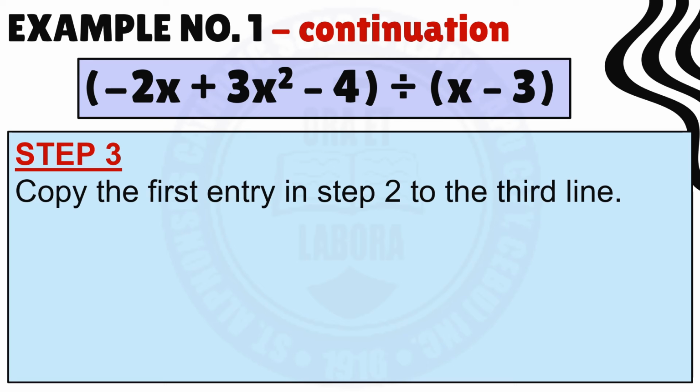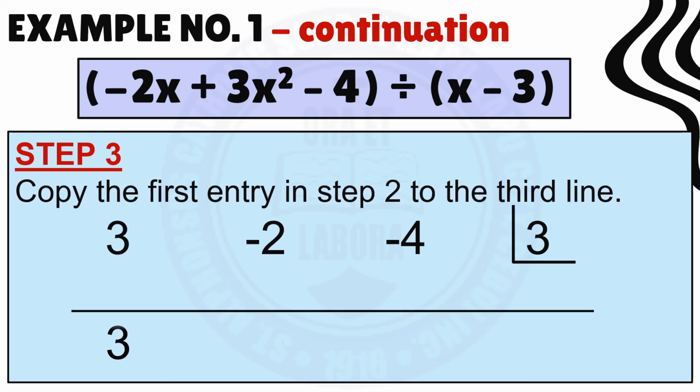Copy the first entry in step 2 to the third line. So we have here, so this would be our first entry, 3. So always copy the first entry to your third line.